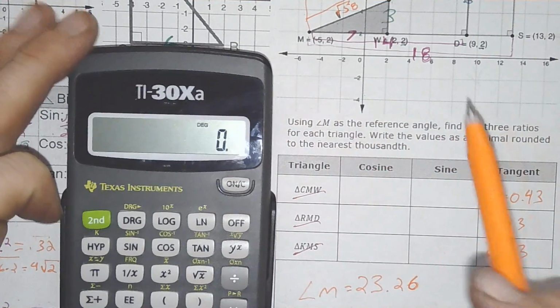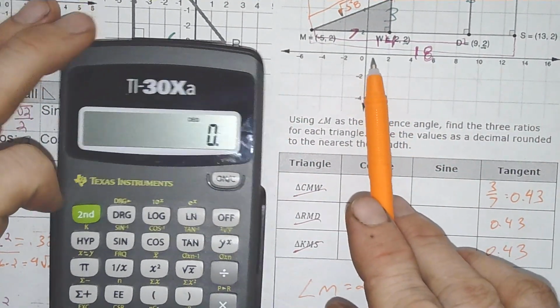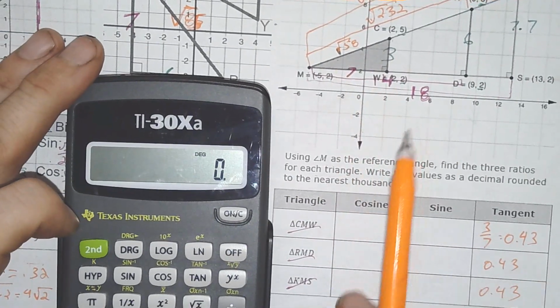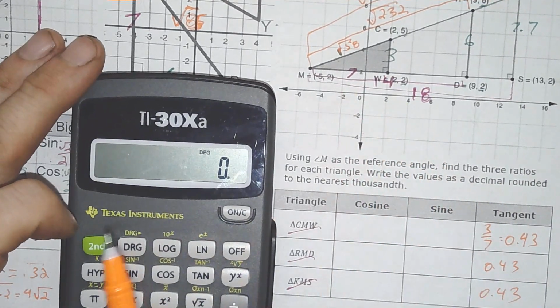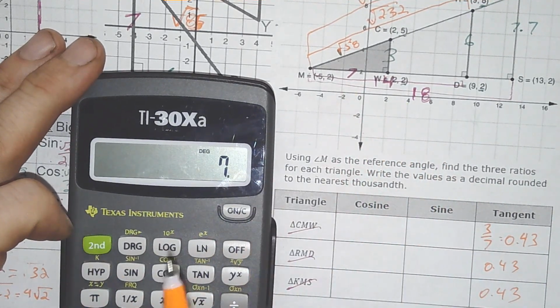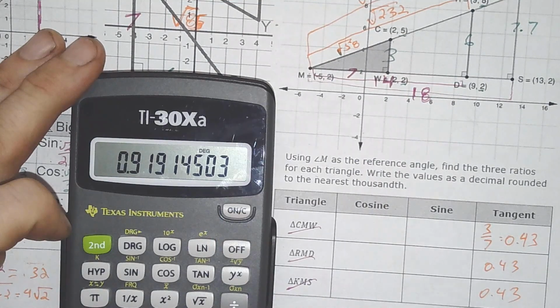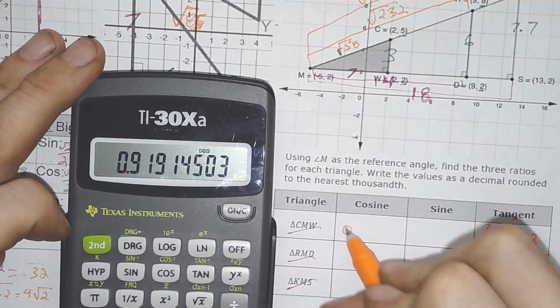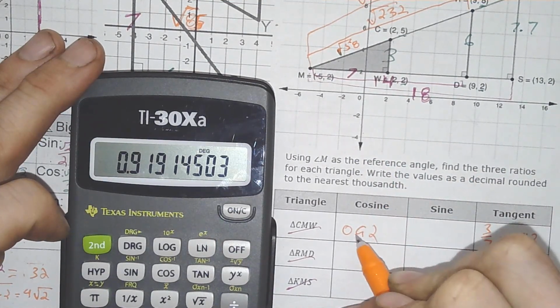Okay, so the cosine of this one here is adjacent over hypotenuse. So 7 divided by the square root of 58 equals 0.92.